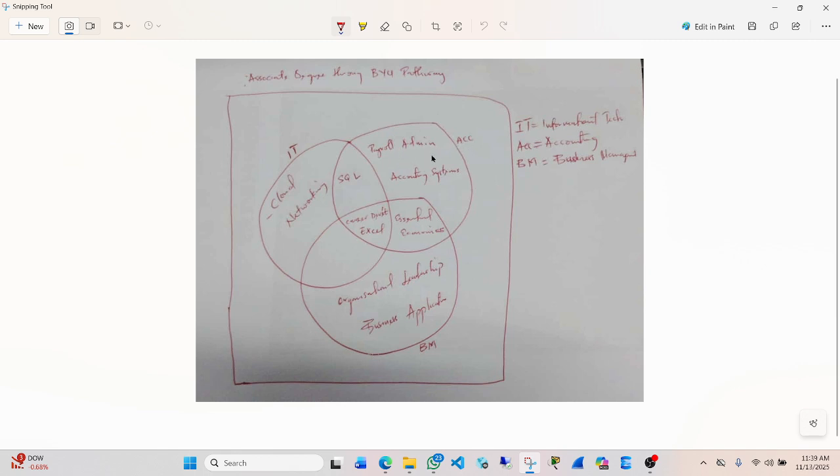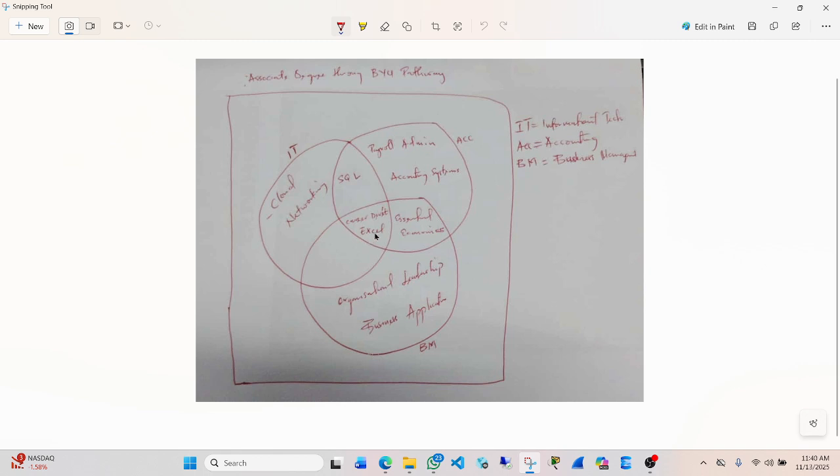In accounting, we have payroll administration and accounting systems. In business management, we have organizational leadership and business application. For the shared areas, IT and accounting share SQL, business management and accounting share essential economics, and all three share career development and Excel.